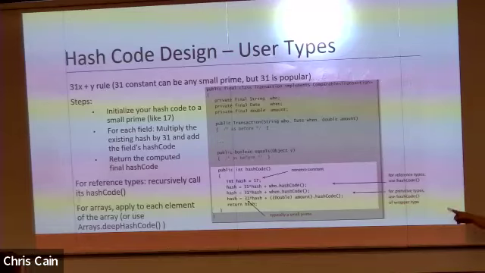Our hash code starts at 17, is updated to be 31 times that 17 plus the string's hash code. Then we update it again, 31 times the old hash code plus the hash code for the date object. And a double has a built-in hash as well. If you use the double class, that'll do it for you. Then you finally return that hash value. So that gives you an integer.